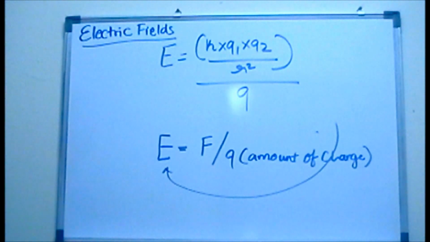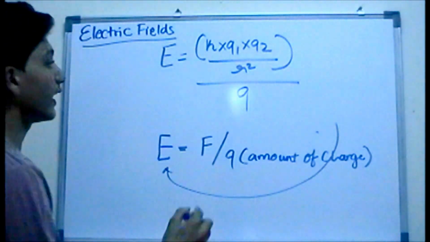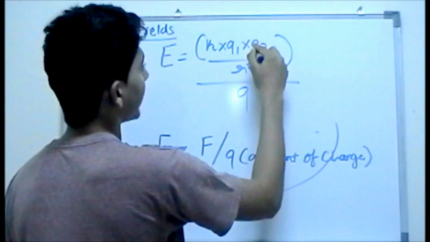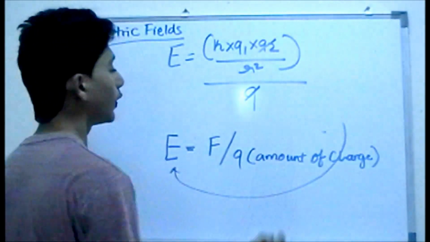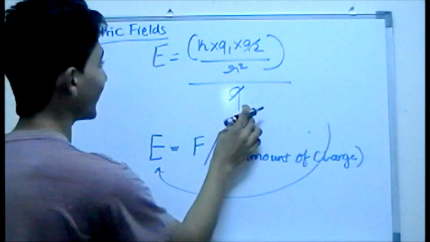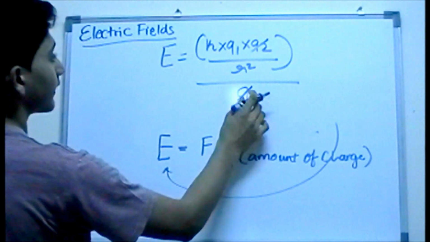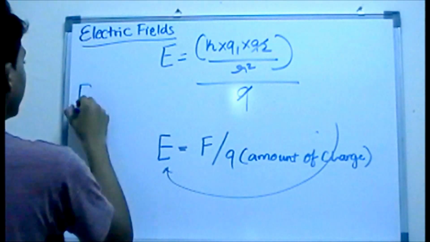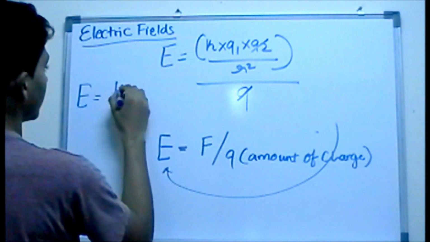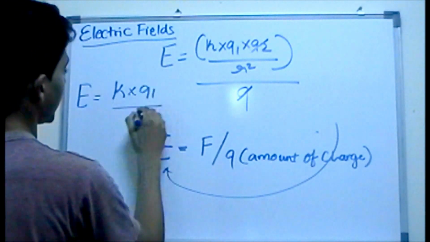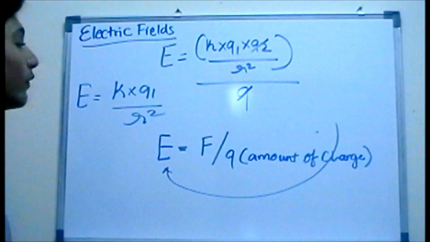Okay, that's basically it. But it turns out that when you have this, it cancels out with Q2, because it's the second charge. Now what you're left with is the electric field is equal to K times Q1 divided by the radius squared.